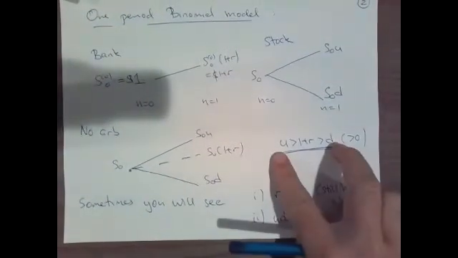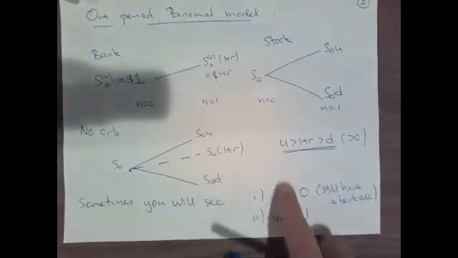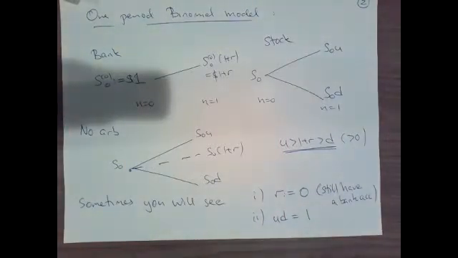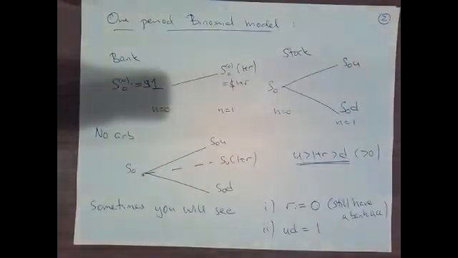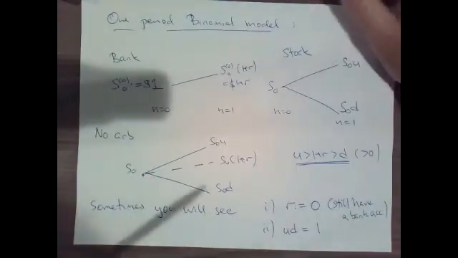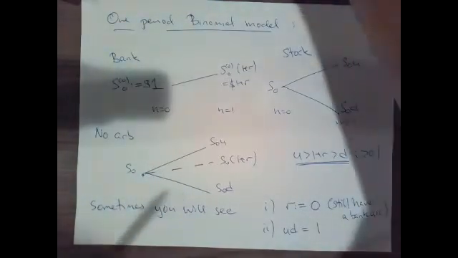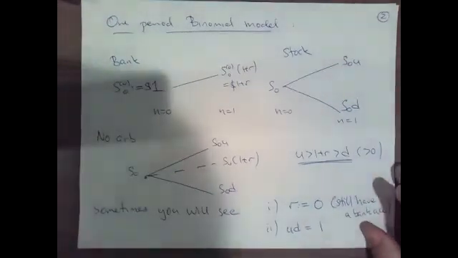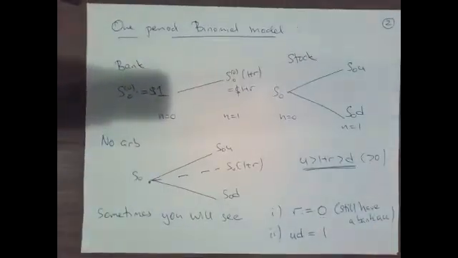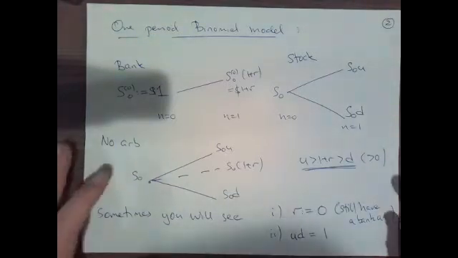So this here is the no arbitrage condition, but sometimes you'll see these further specifications. Okay. Are we good so far? Otherwise, now is a good time to say stop.